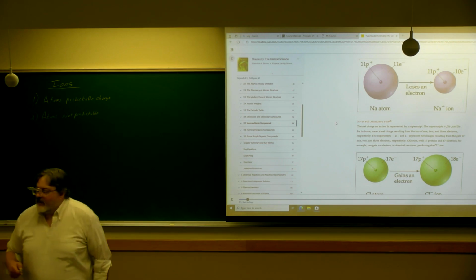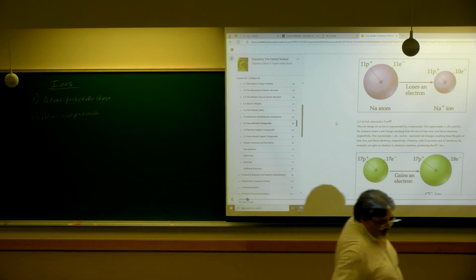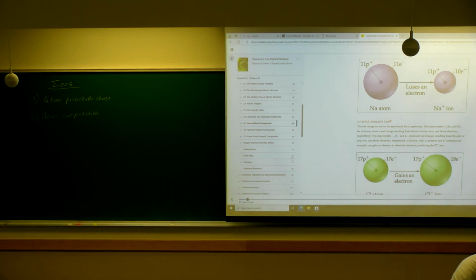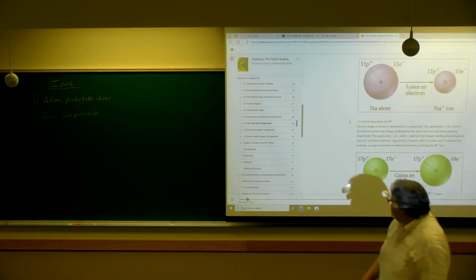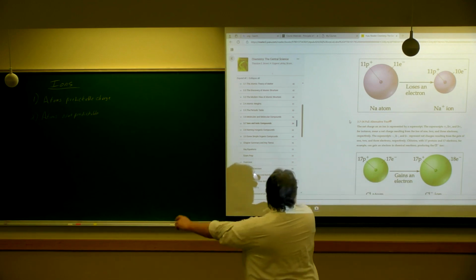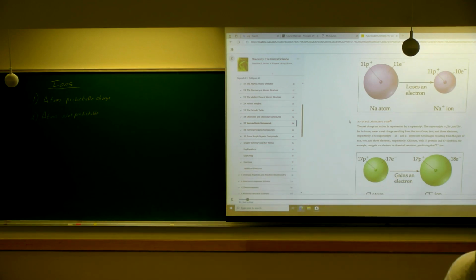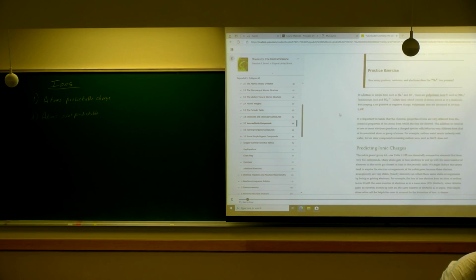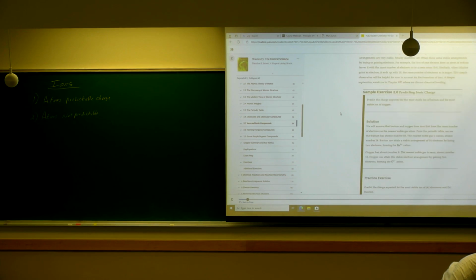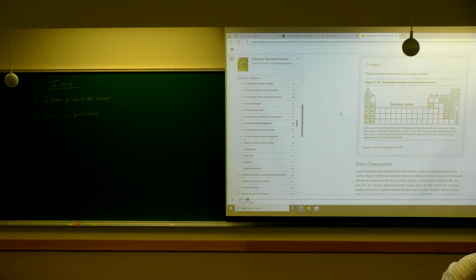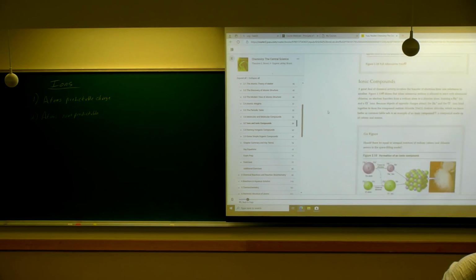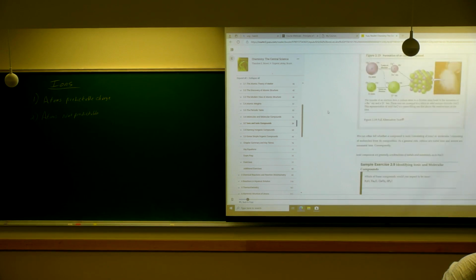So if I just said, did I get this far last time? Wow. Okay. I like this diagram, but I don't want to go past it. Predicting ion charge. So there they are, the predictable charges. Compounds.